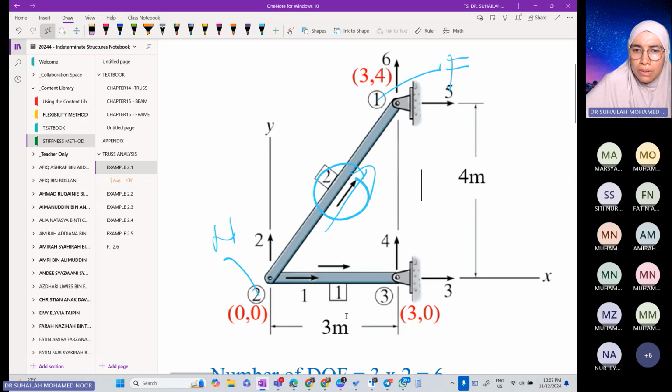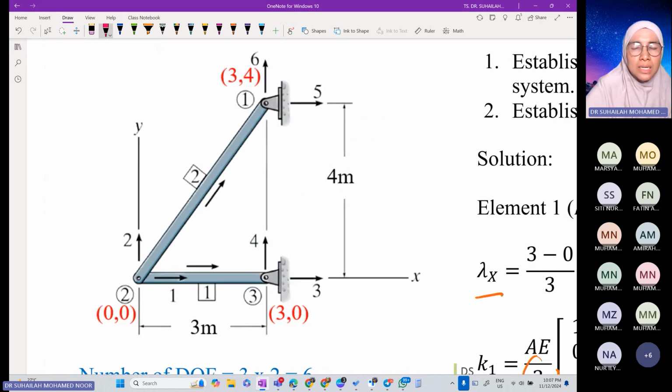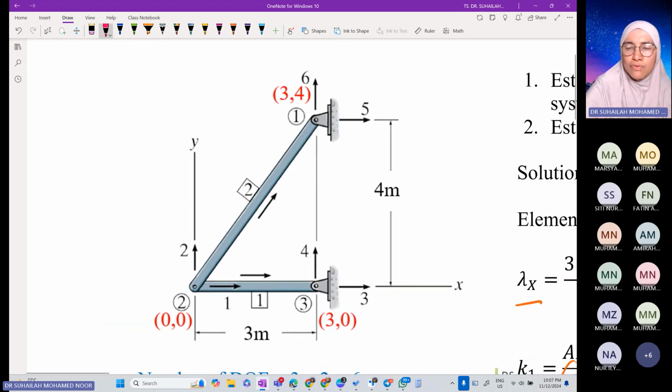The label is wrong too. Member number 1 connects node number 2 and node number 3. See? ChatGPT is not 100% correct because sometimes it can give us a wrong response. So we have to be the subject matter expert to verify the response.